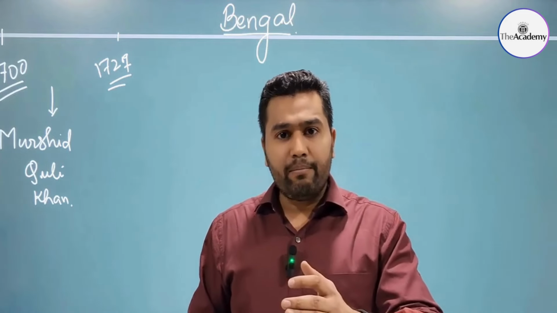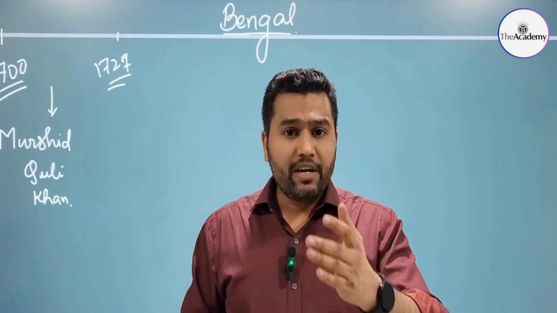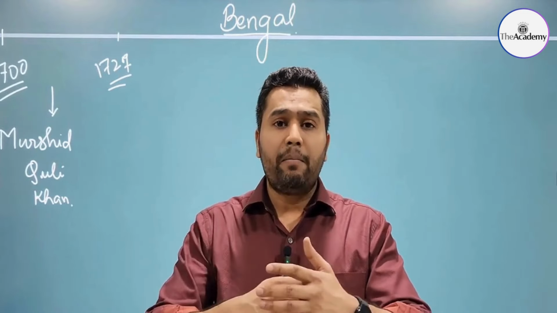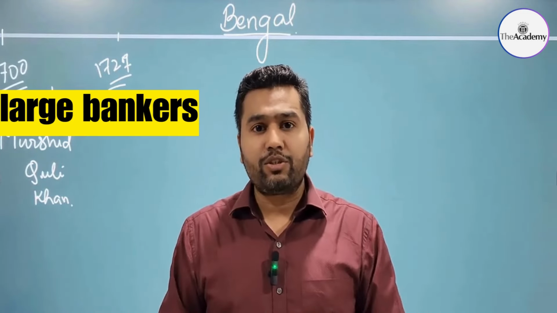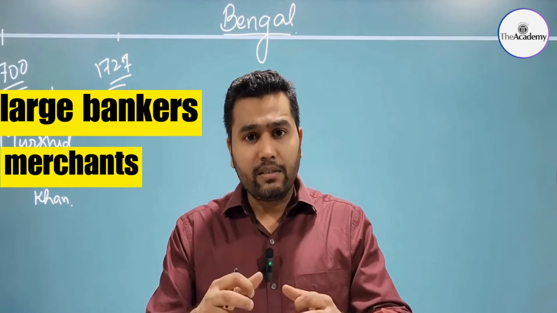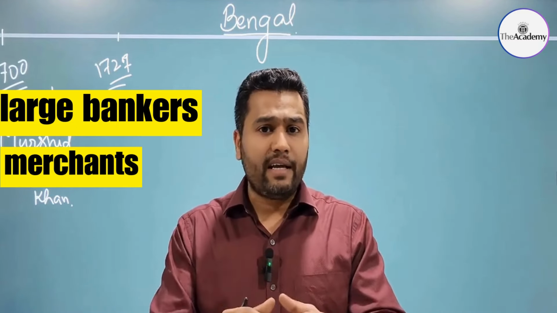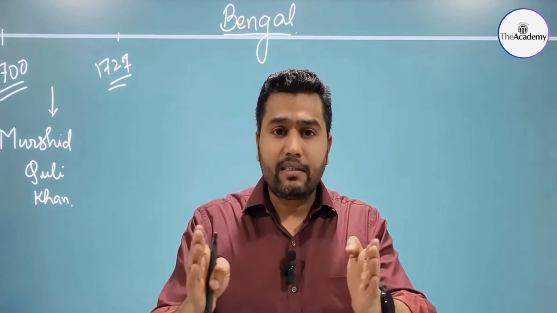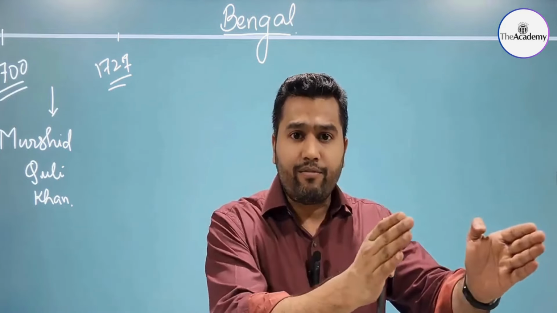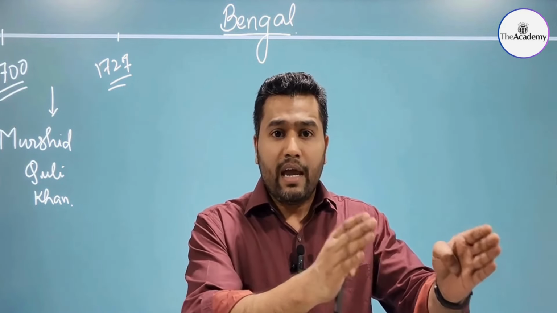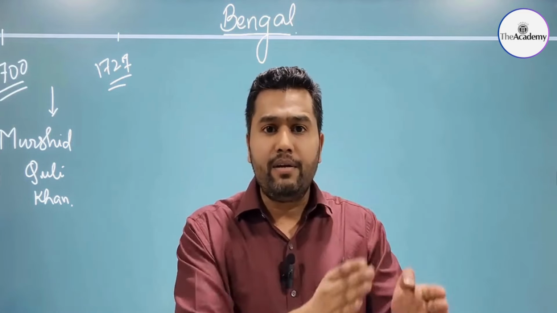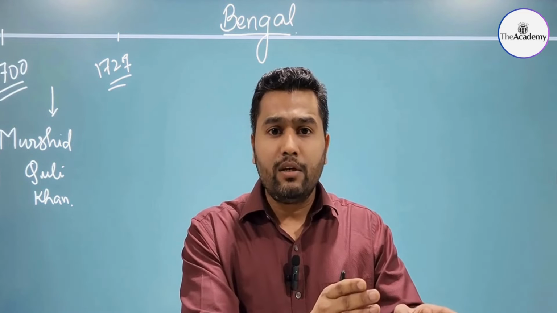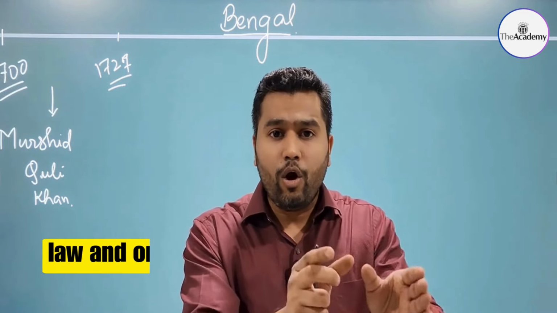He also played an important role in the creation of large bankers and merchants. These bankers acted as financiers for the zamindars, and via these zamindars, the state had a steady and regular flow of revenue. And this revenue enabled Murshid Quli Khan to establish law and order.